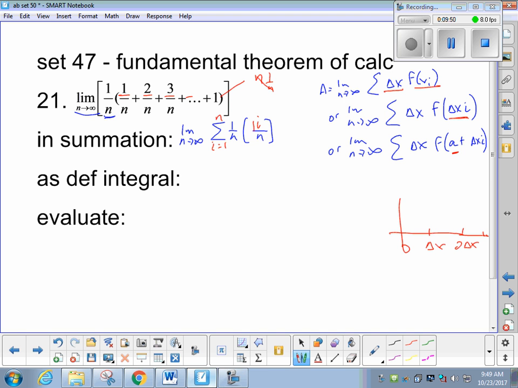Unless you don't start at 0, in which case you have to say, oh, I'm starting at 1, and then I'm going over 1 delta x, 2 delta x's, and so on. So there's all these different things going on inside the summation.